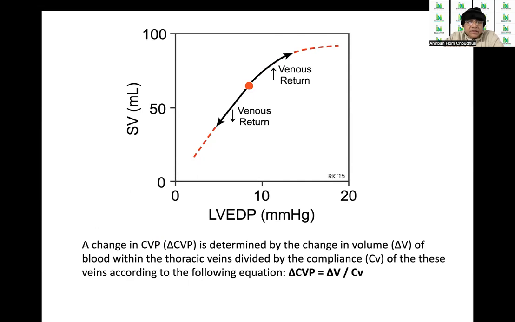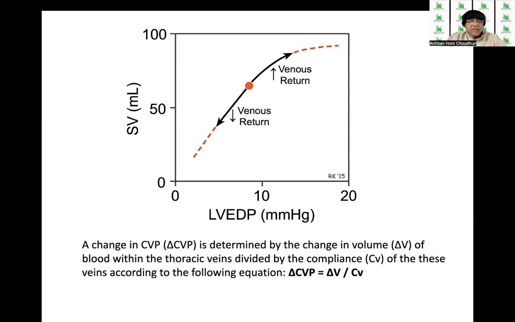So if you see in this column, the stroke volume is on the y-axis. The LV, left ventricular end diastolic pressure, is on the x-axis. So we know that when there is an increase in the volume, there will be an increase in the stroke volume as long as the patient is on the smooth part of the curve.